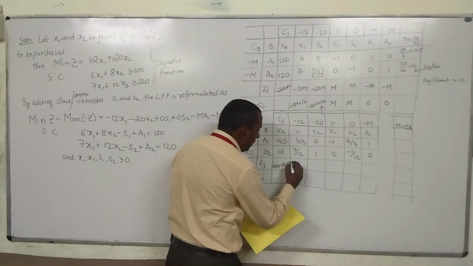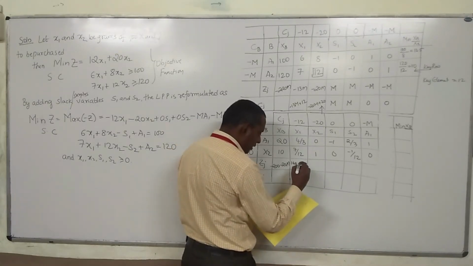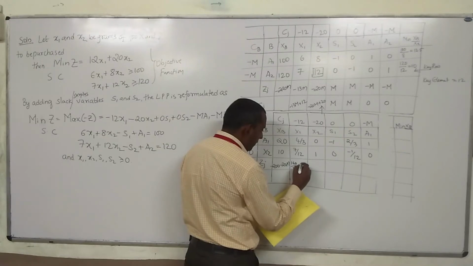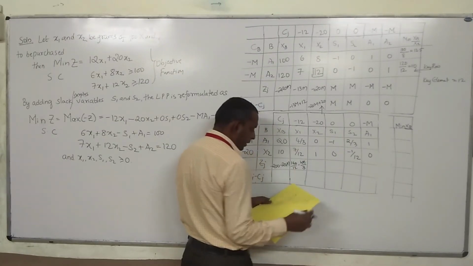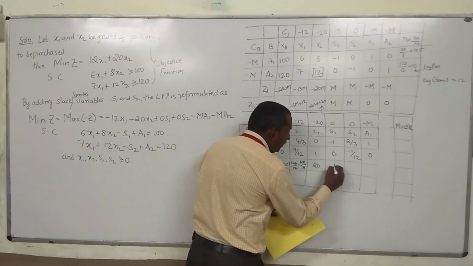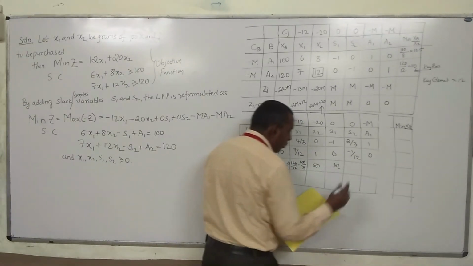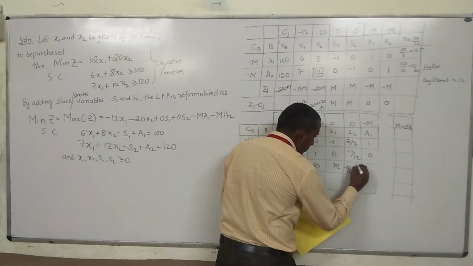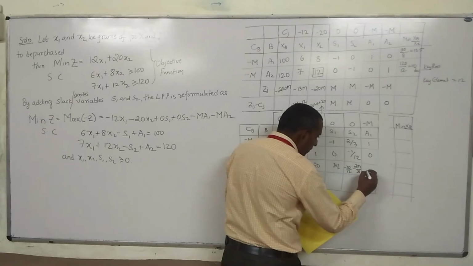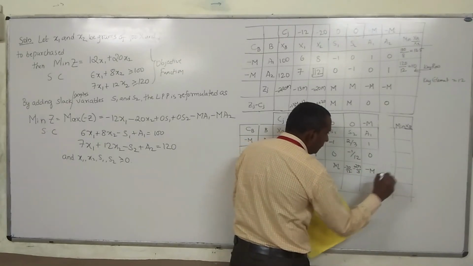Next one is 140 divided by 12 minus 4M divided by 3, that is 20, then M, followed by minus 20 divided by 12 minus 2M upon 3, then minus M. Fine.